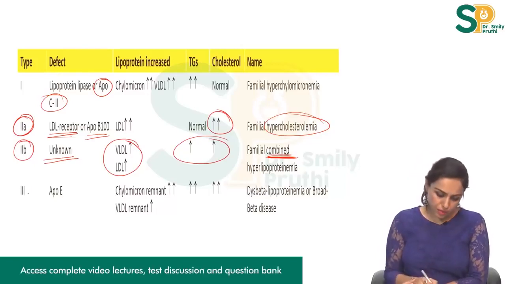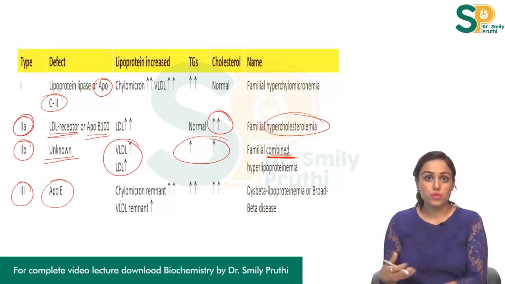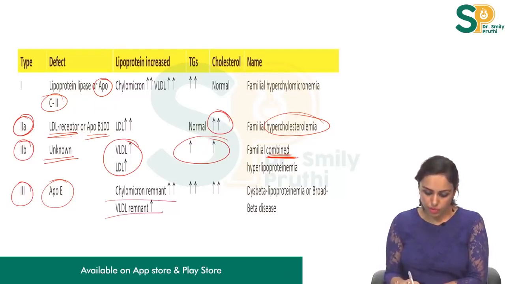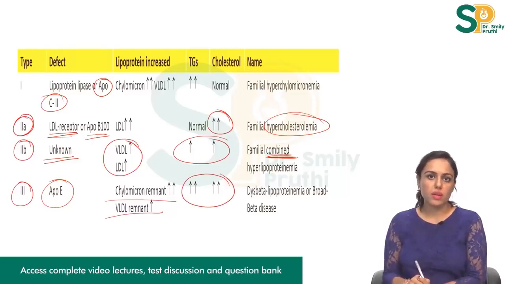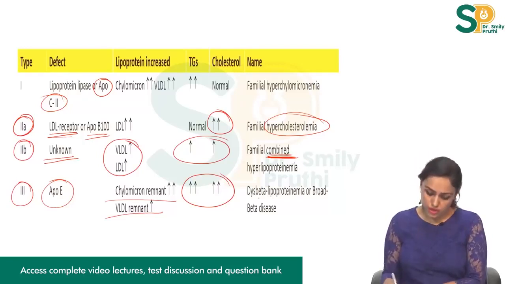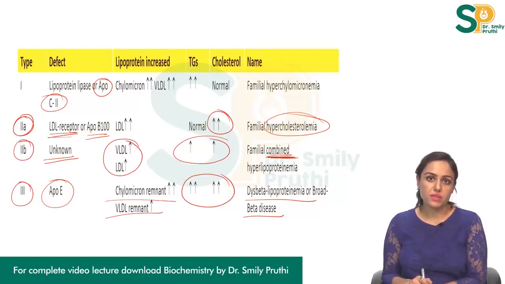Now the last type, type 3, is ApoE defective. When ApoE is defective, which is responsible for the uptake of remnants, both chylomicron remnant and VLDL remnant will increase, and both triglyceride and cholesterol will increase, because remnants contain both things, and this is known as dysbetalipoproteinemia or broad beta disease, right?